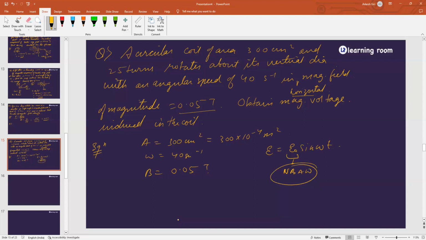That is the maximum value when sine omega t is 1. So maximum value of E is NBA omega. N is 25, B is 0.05, area 300 into 10 to the power minus 4, omega 40 second inverse. Putting these together, you'll get 1.5 volts. Understood or not, everyone?